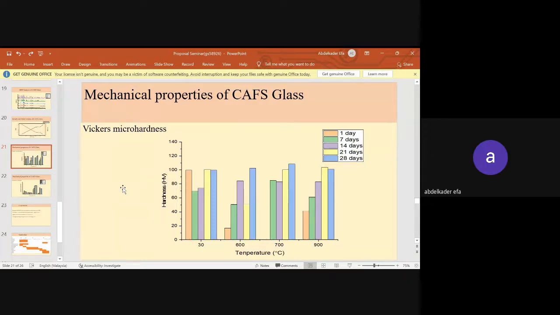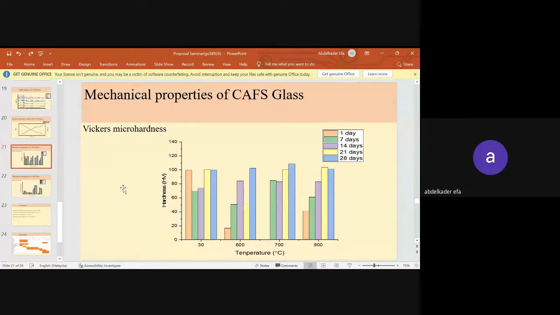Because the mechanical properties of the glass ceramic are related to the fluoroapatite content. The highest fluoroapatite content is around 700 degrees. So after 700 degrees, other phases will appear, like mullite and anorthite.